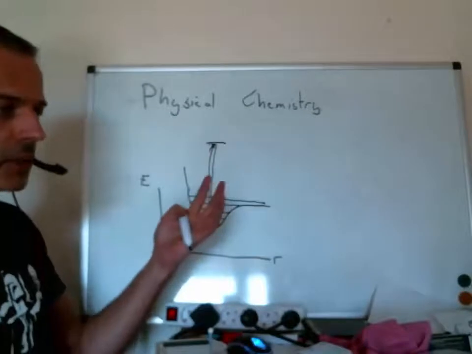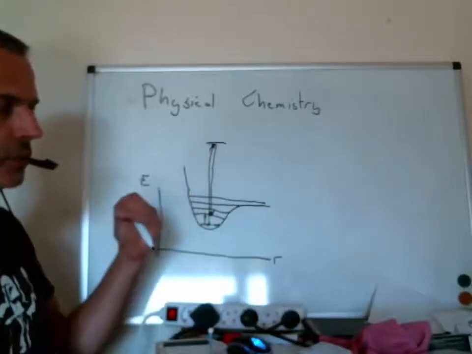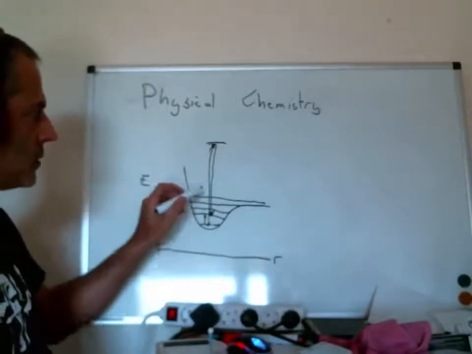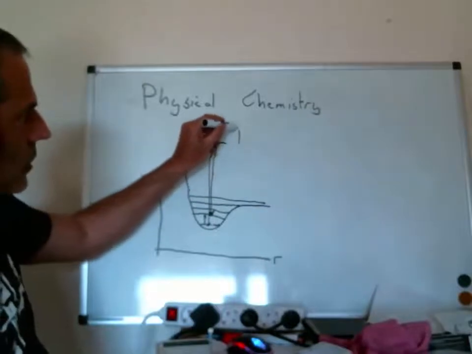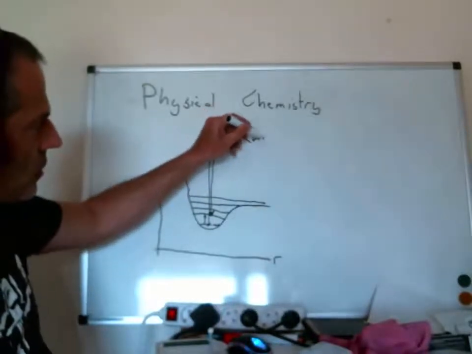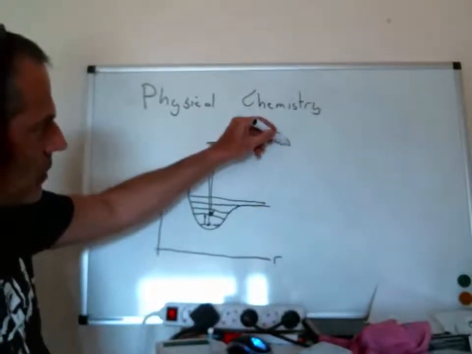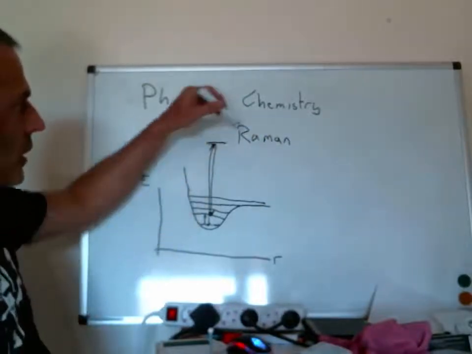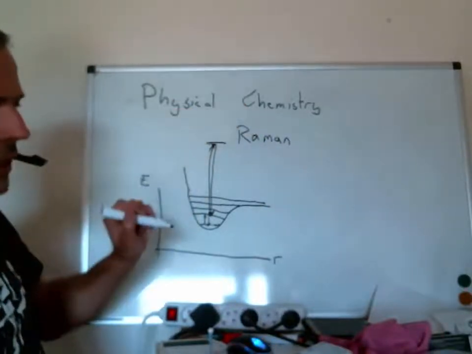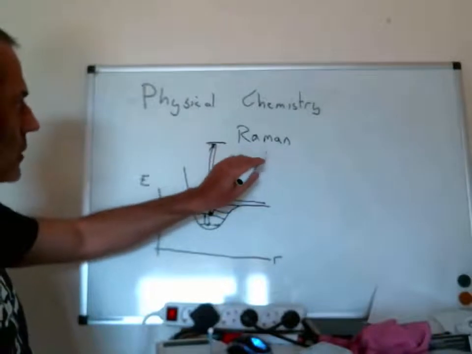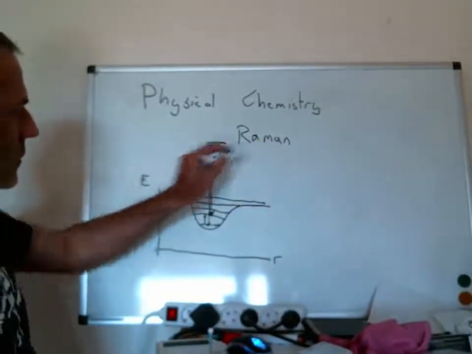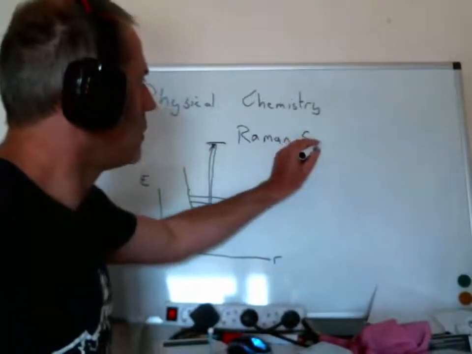And that is really handy because it means that we have a different selection rule. This type of spectroscopy is called Raman or Raman spectroscopy. Apologies to Indian people. It's an Indian name and I can't pronounce it. So Raman spectroscopy.